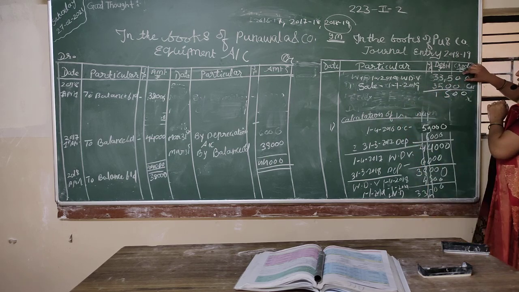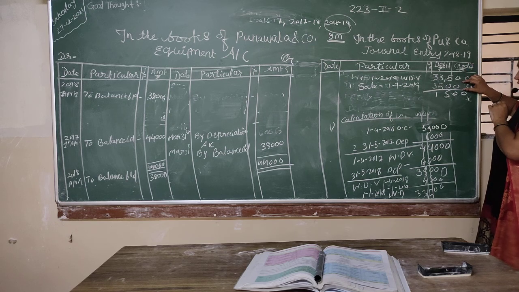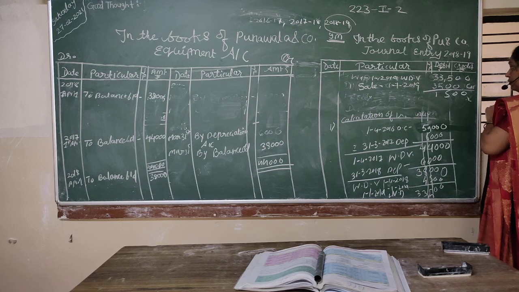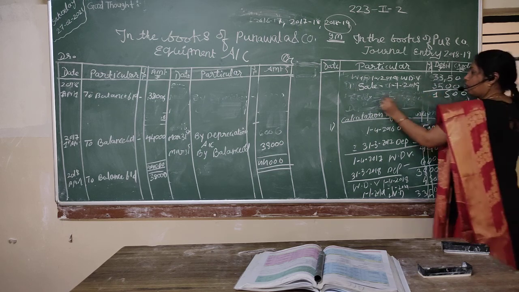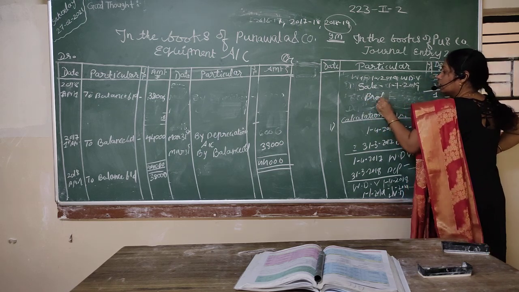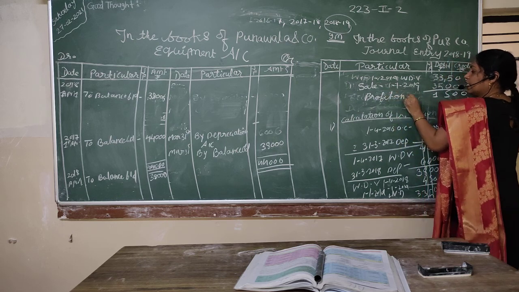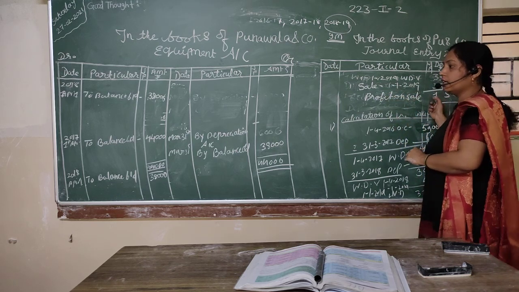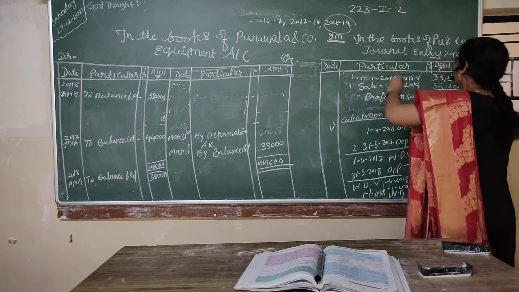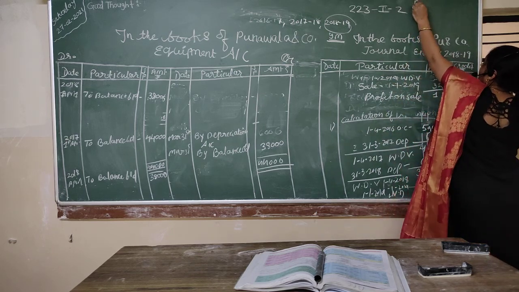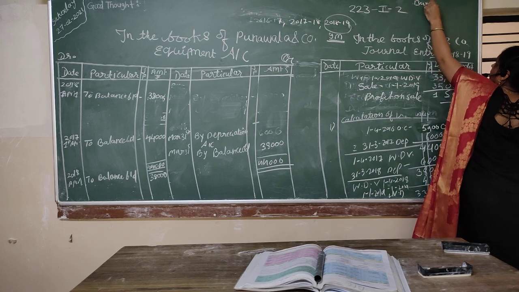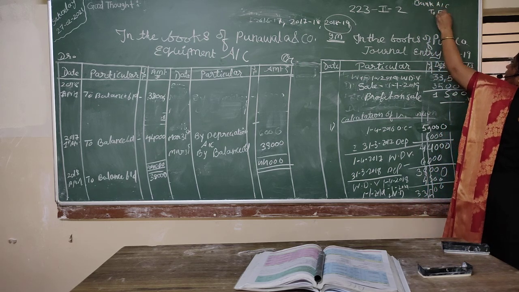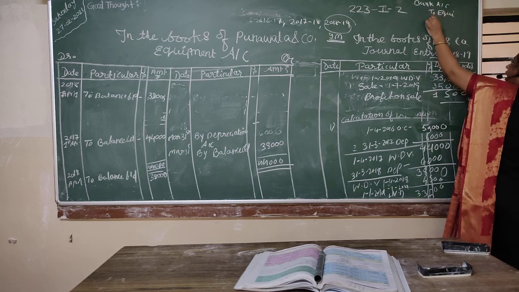Means your written down value is lesser and your selling value is higher. So 35,000 minus 33,500, you will have the profit on sale of 1,500.